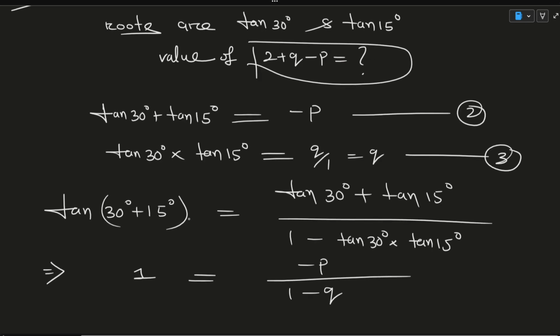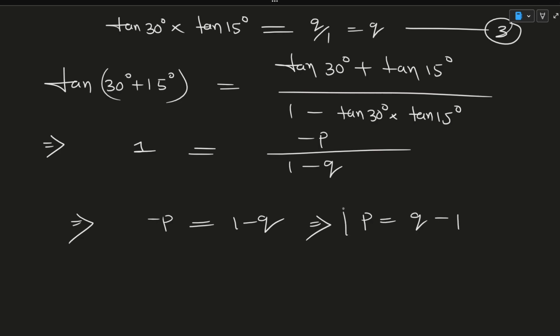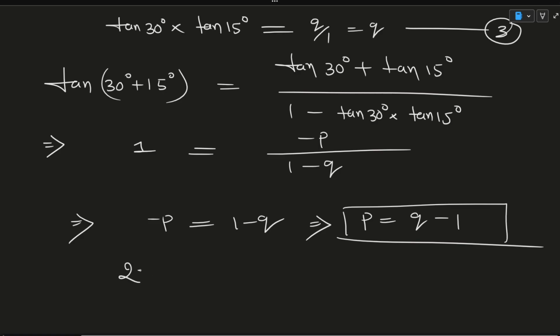So I can write that 1 equals minus p divided by 1 minus q, which implies p will be equal to q minus 1. So we got the value of p in terms of q. Now the required value is 2 plus q minus p.